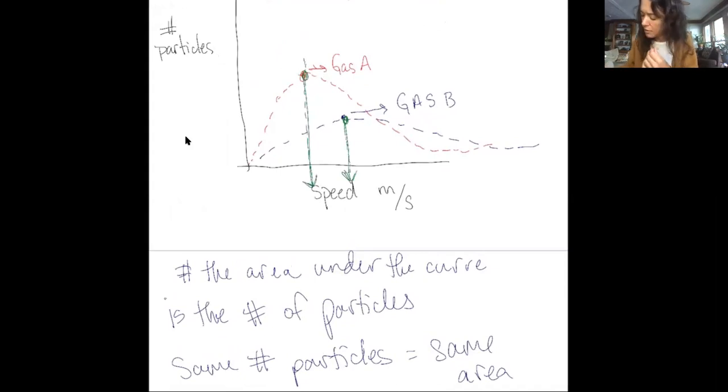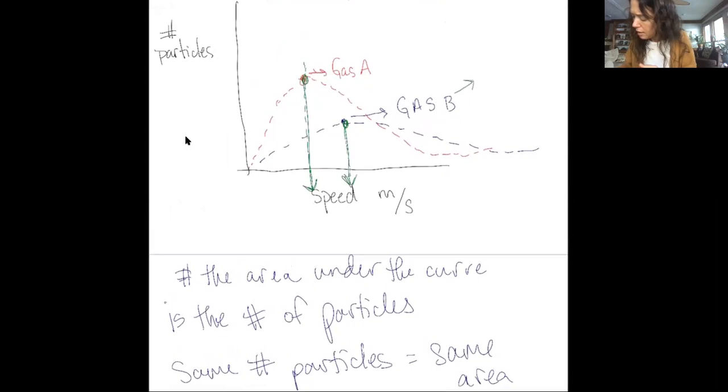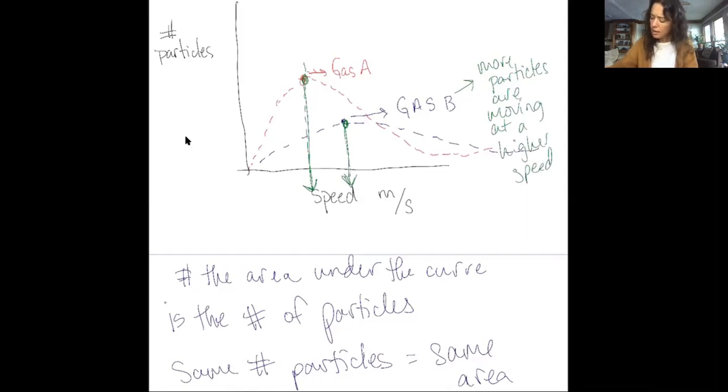So what I see for gas B is that more particles are moving at a higher speed, and what I notice for A is that more particles are moving at a slower speed.